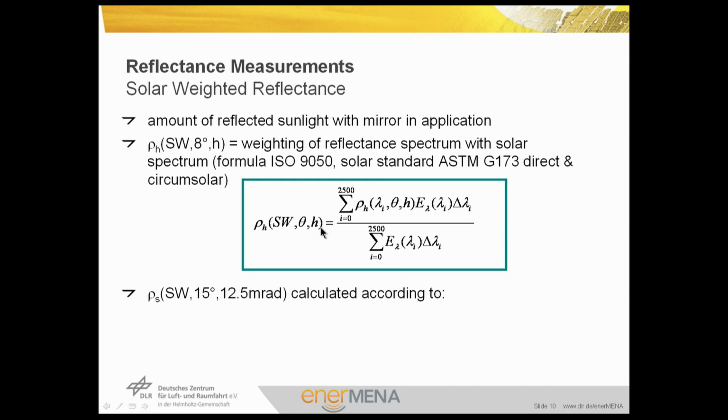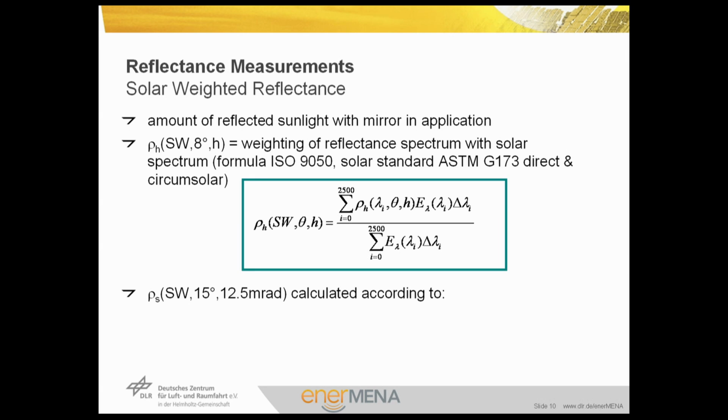To do this, we use this formula where basically the reflectance curve of the mirror is multiplied per wavelength by the solar irradiance, and then the whole is divided by the total sum of the irradiated solar energy, where the solar irradiance part can also be converted into weighting factors, which makes the process easier.